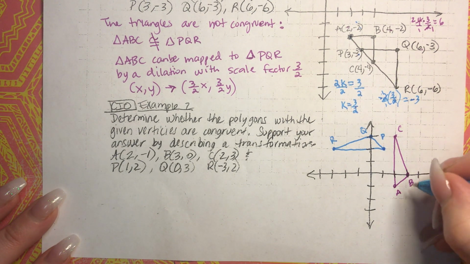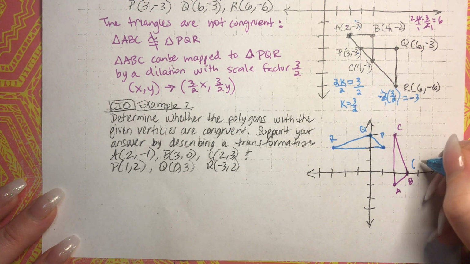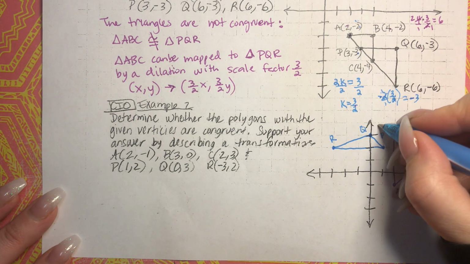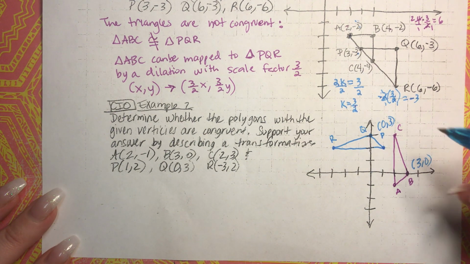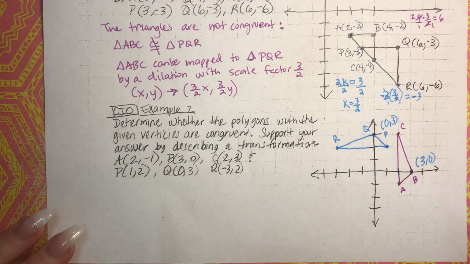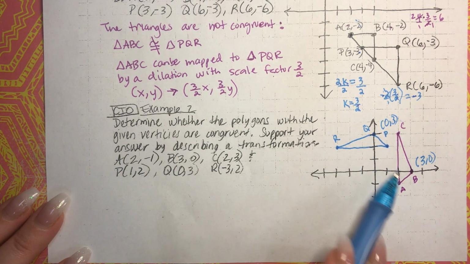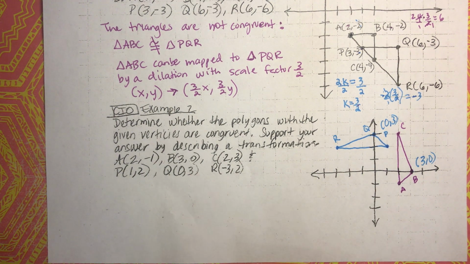Counterclockwise, well, let's see, look at B. What are the values of B? B is (3, 0), and then what's happening? It is rotating to Q, which is (0, 3). So you see those x and y, they're rotating, right? So we know that this is a rotation, which means that the triangles are congruent.